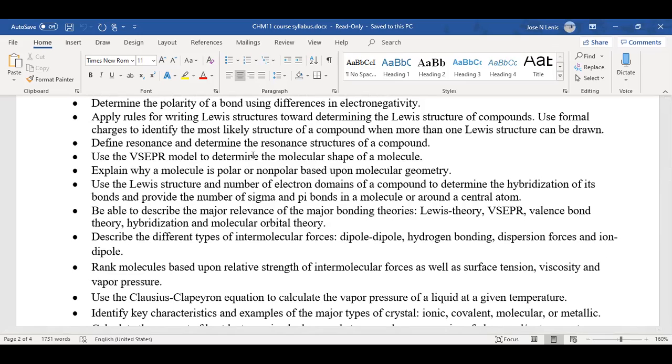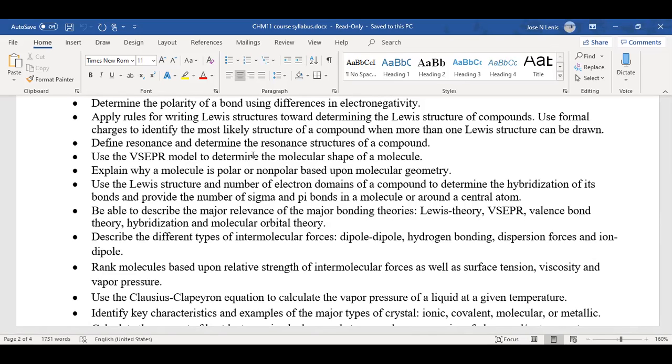That chapter of chemical bonding is divided into portions. Chemical bonding 1 covers all the general aspects, theories and concepts of chemical bonding.